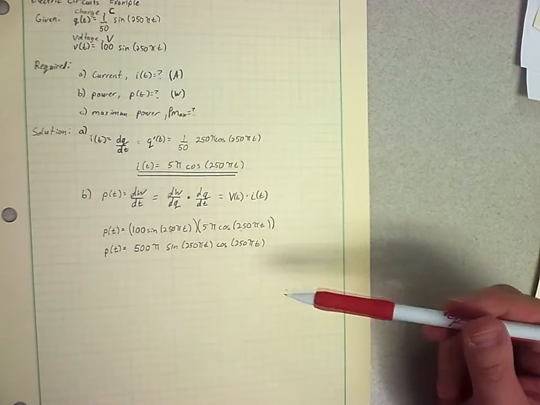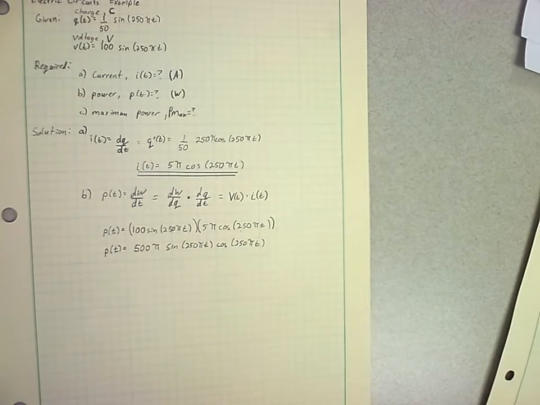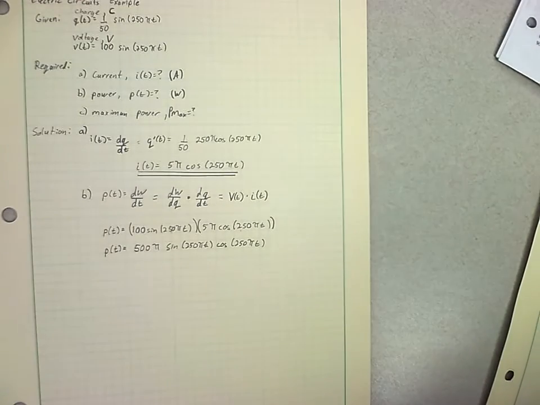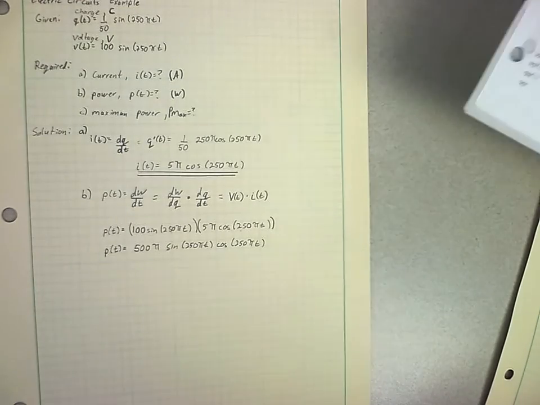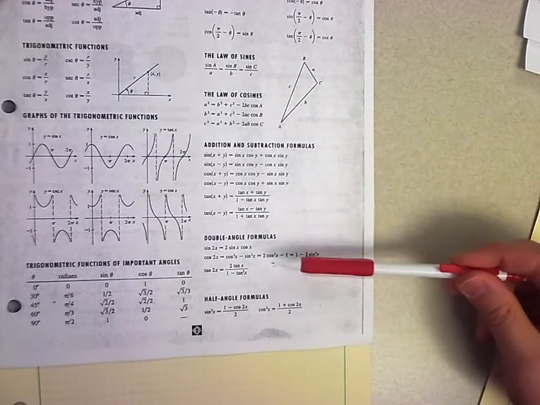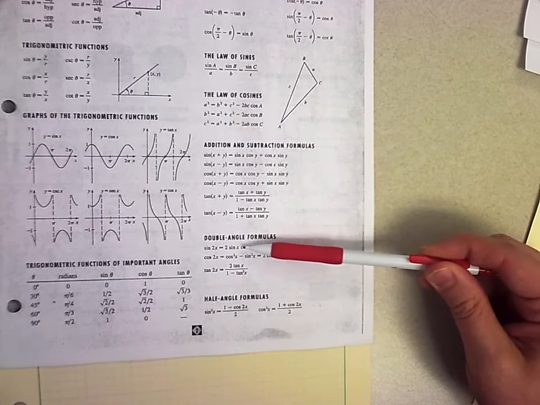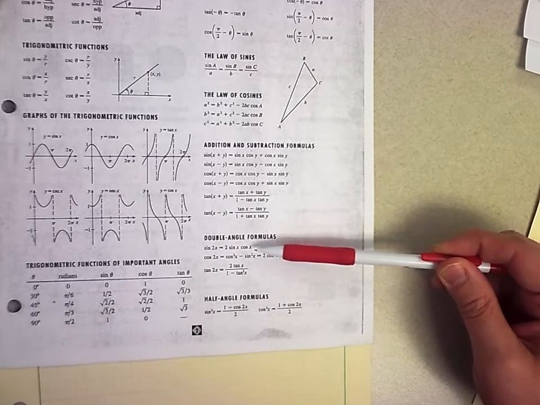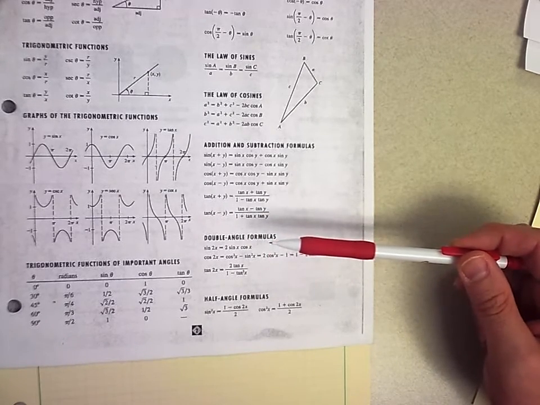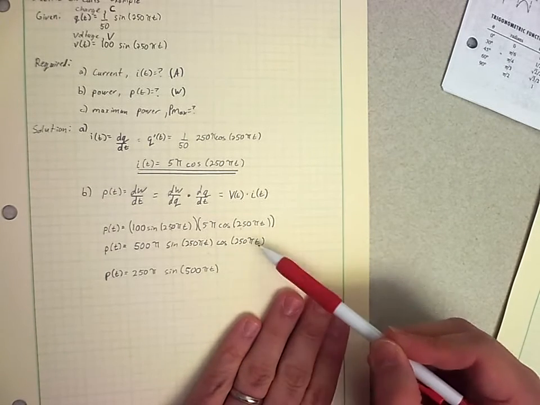That's an interesting enough expression, but I can simplify a little bit more if I use a double angle identity. I wouldn't necessarily know it's a double angle identity, except if I go back to my sheet and find that sine of 2x is 2 sine x cosine x. So if I use that double angle identity, my x is 250 pi.